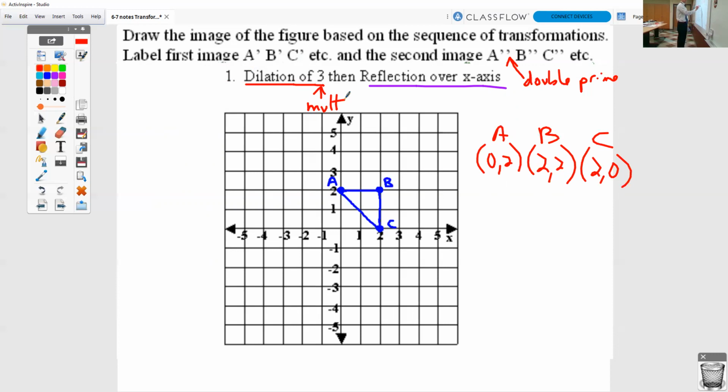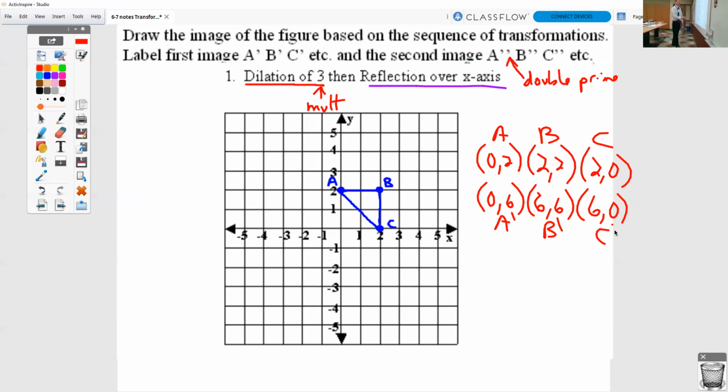So if I multiply all this by 3, I would have 0, 6, I would have 6, 6, and I would have 6, 0. That is going to be my A prime, my B prime, and my C prime.